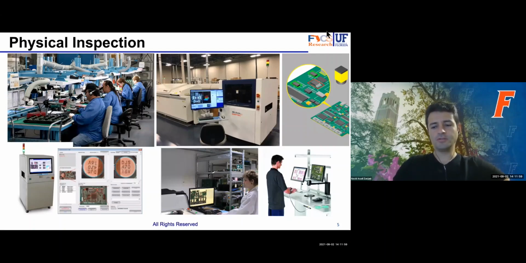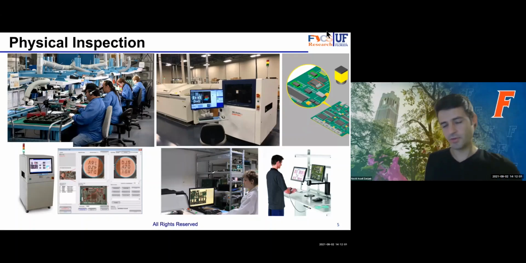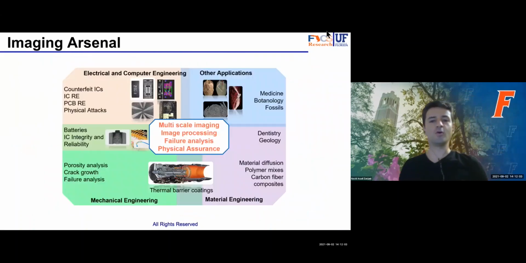So if you look into the whole industry and global market, this imaging isn't just in semiconductors. There are a lot of other industries that are taking advantage of it with advancement of computation, deep learning and machine learning, in the medical domain, in mechanical engineering and material engineering.